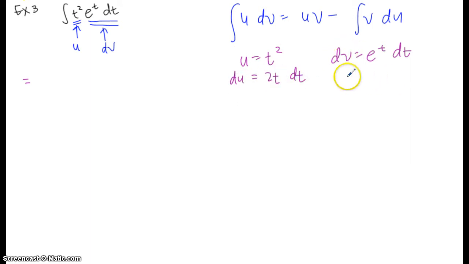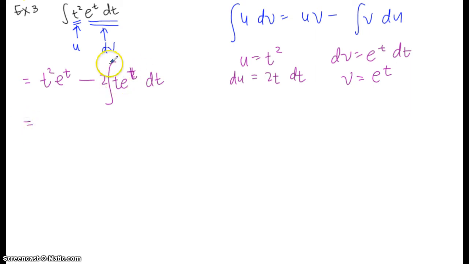The antiderivative of e to the t, v, is just e to the t. So it's going to be uv minus v du, e to the t times 2t dt.